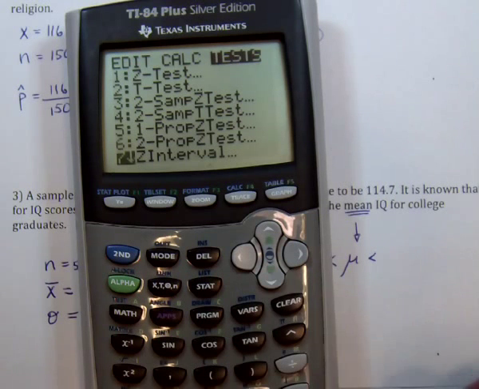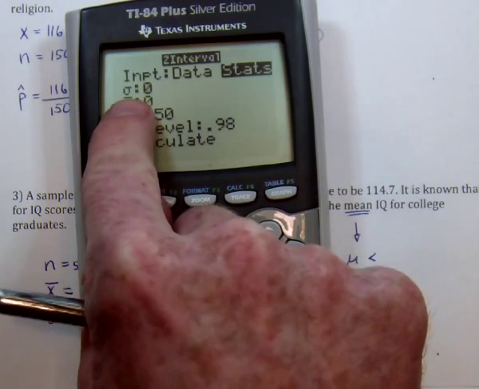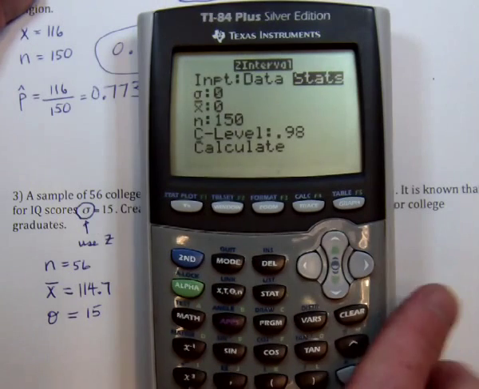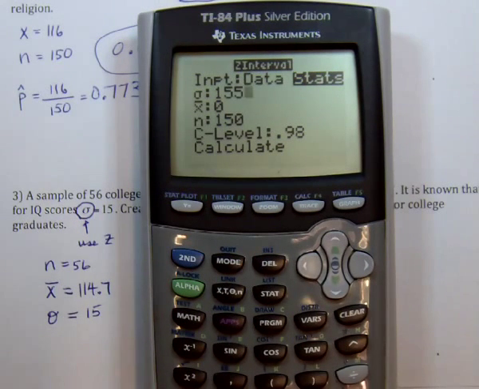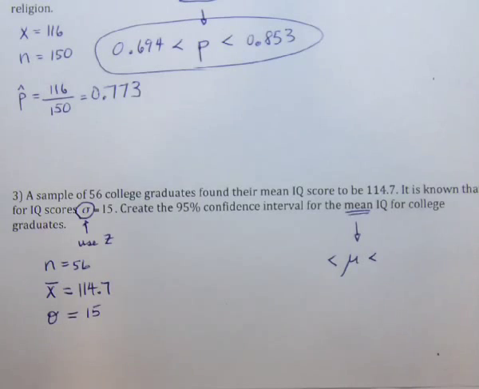This one, number 7. So notice that it has the sigma. So sigma equals 15. The x bar, 114.7, based on 56 people. And then the confidence level, 95%.